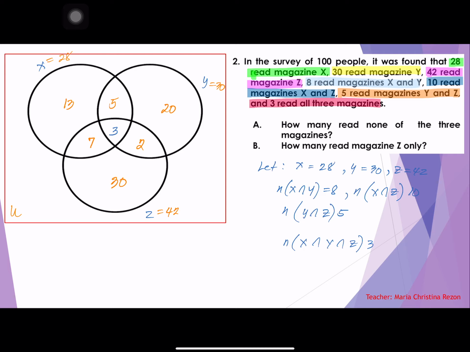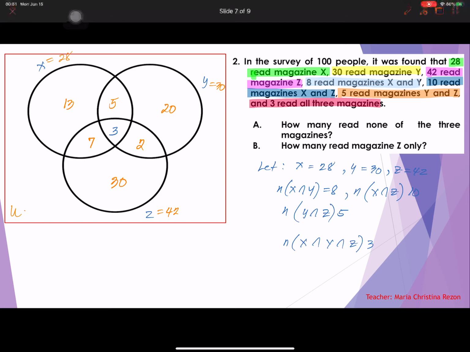So the answer here that is outside your universe is 20. So the answer, how many read none of the 3 magazines? The answer is 20. How many read magazine Z only? And this is 30. So that is how to answer some problems involving sets, word problems involving sets.